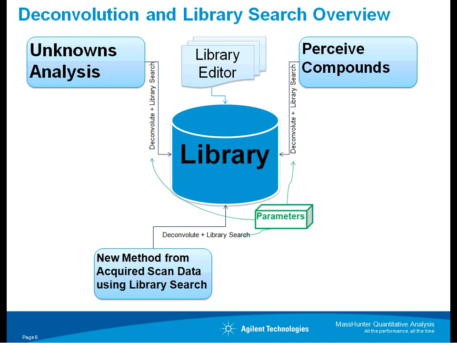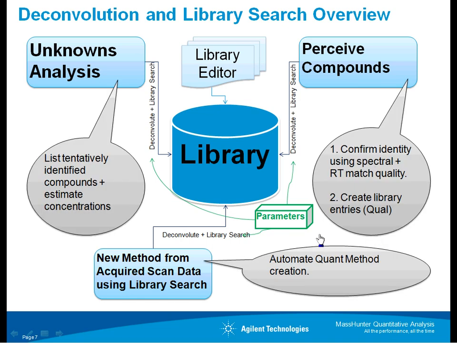Now, in addition, it's worth mentioning that there are parameters which control deconvolution, there are parameters which control the library search, and there are parameters which control the compound identification. We'll get to those in detail later on, but it is important that as you go through these scenarios, you have a chance to adjust the parameters for the particular kind of data that you have acquired.